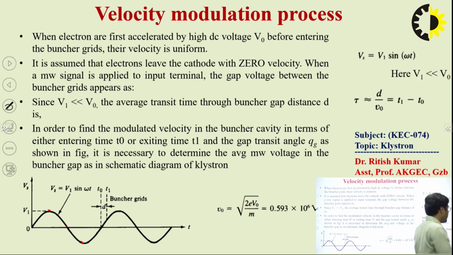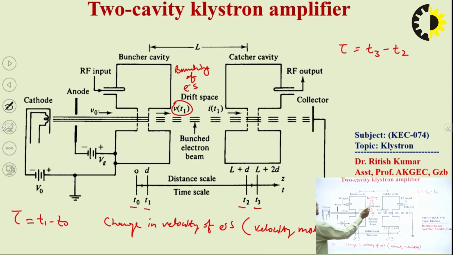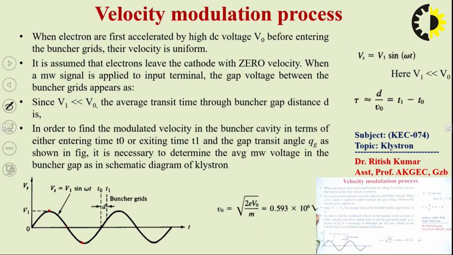This cycle is repeated due to the presence of the RF signal, and bunching can happen in the drift space, as we discussed in the last slide. Bunching happens in this space due to the presence of this RF signal.